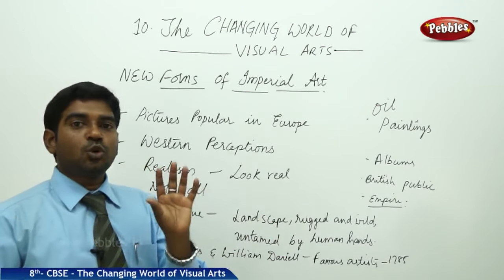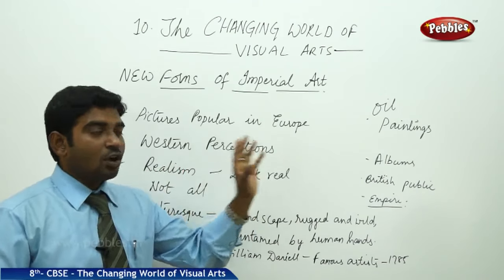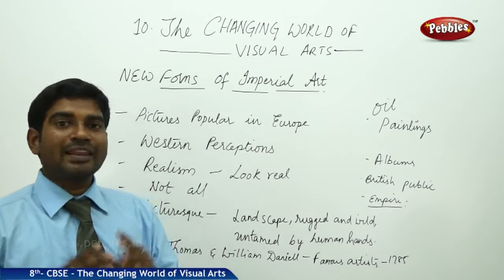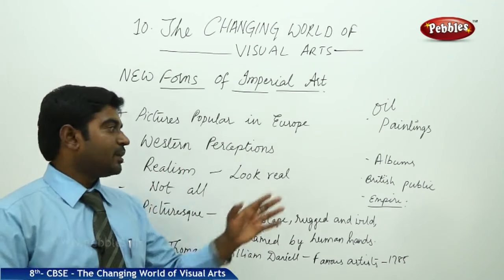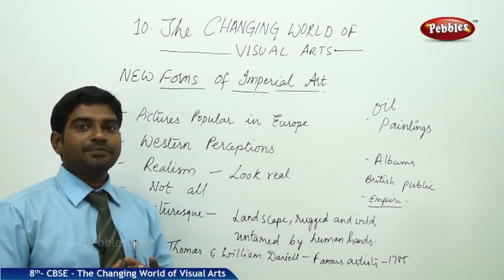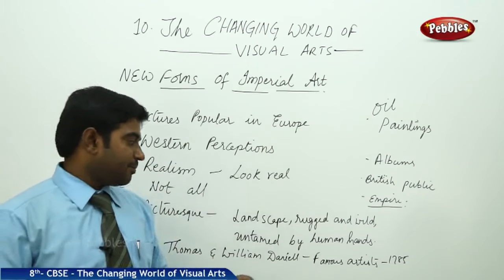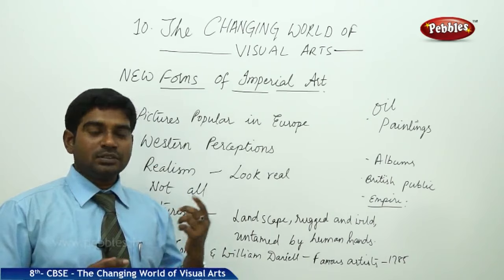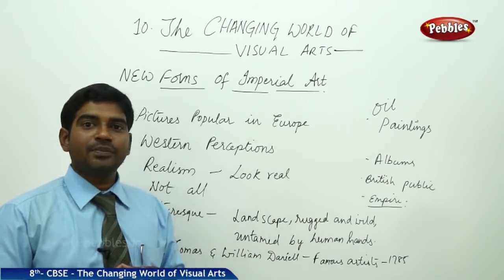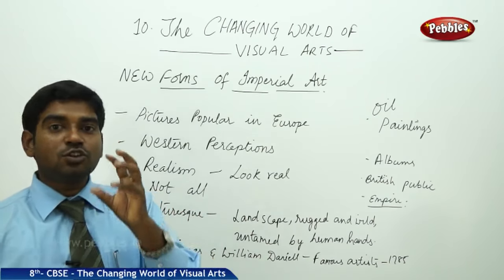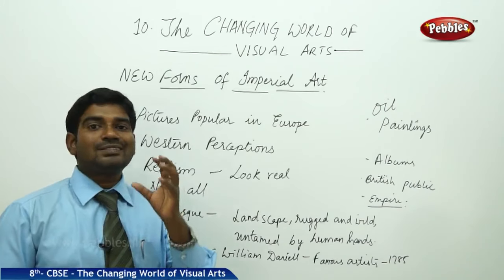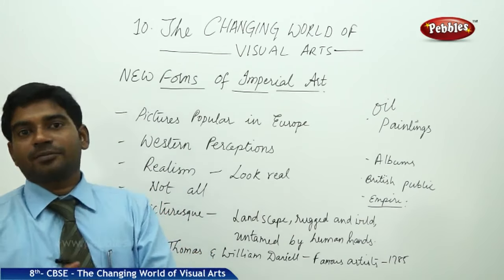These oil paintings were extremely famous in Europe. And the British public used to buy the albums painted by Thomas Daniell and William Daniell to understand the British rule in our country, the British Empire in our country.